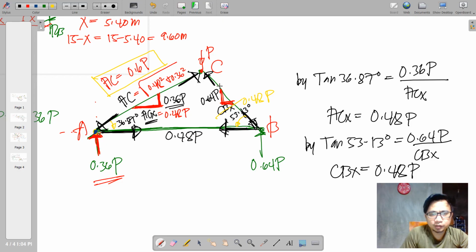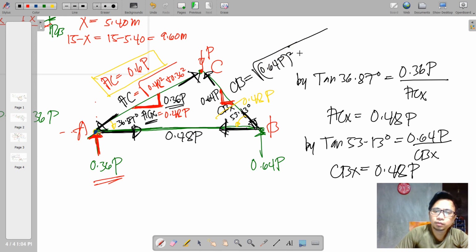And the member CB would be right away derived by the square root of the squares of the two legs, 0.64 squared plus 0.48 squared.